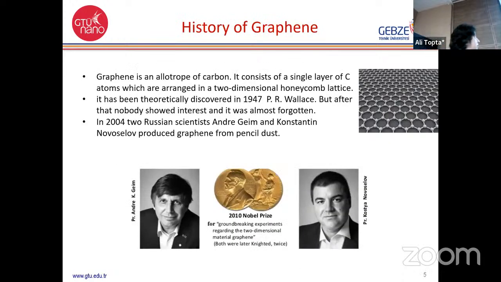Graphene, with the most basic definition, is an allotrope of carbon. It consists of a single layer of carbon atoms that are connected through a hexagonal honeycomb structure planar. The ideal form is one layer, but you don't really have it in one layer.